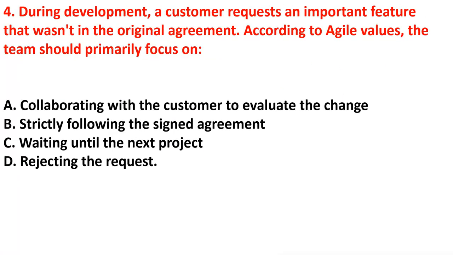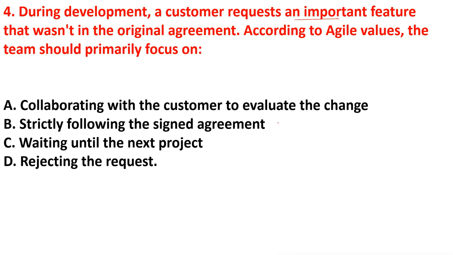Okay, question number 4. During development, a customer requests an important feature that was not in the original agreement. According to the agile value, the team should primarily focus on, right? They want to add a customer-requested important feature. So collaborating with the customer to evaluate the change.